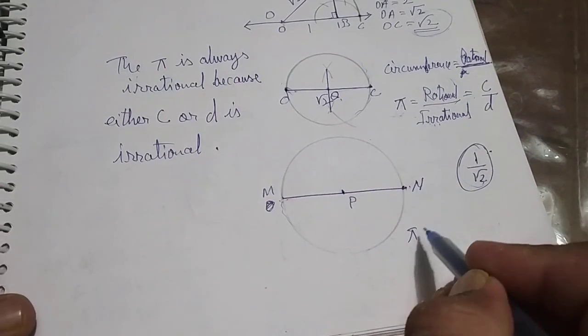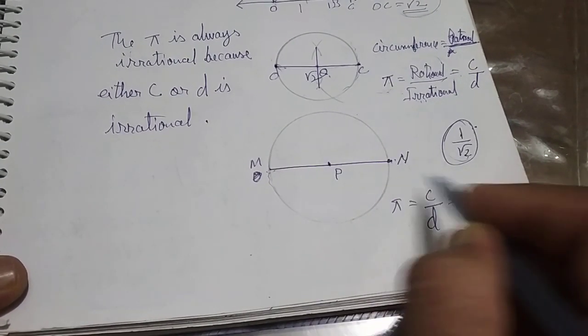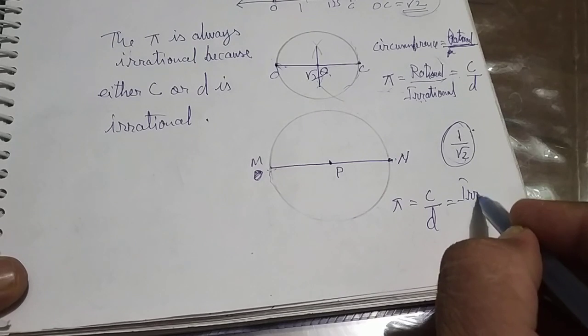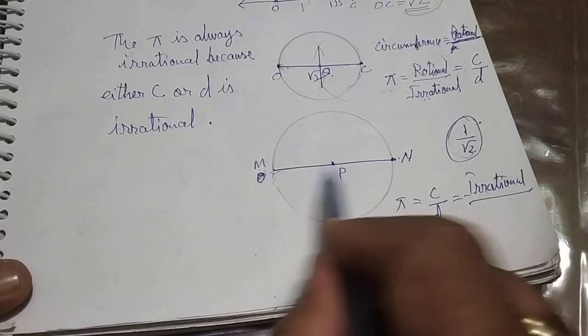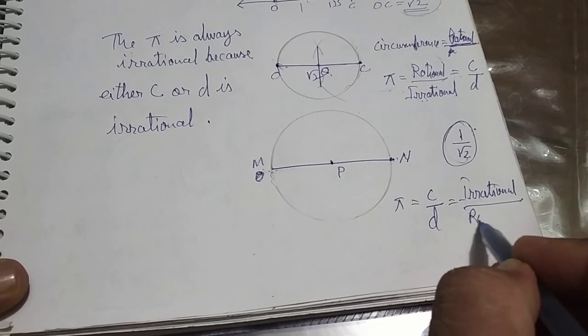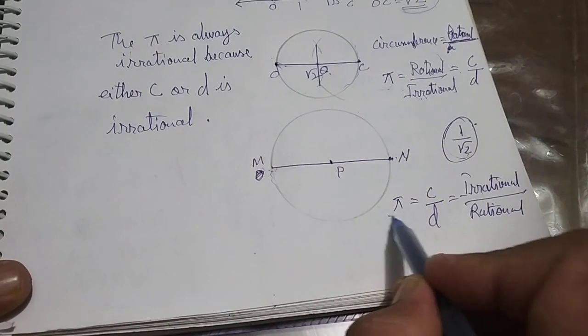So again pi will be circumference upon diameter. In this case, you will find that circumference is going to be irrational, because we have taken this MN as rational. So again, irrational upon rational is going to be irrational.